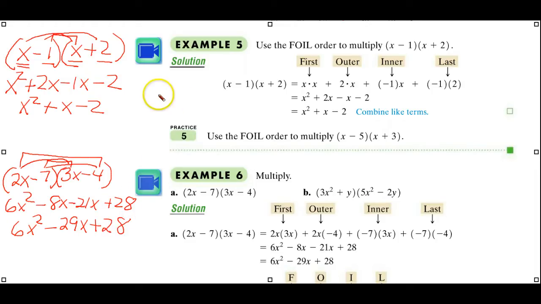Now keep in mind, we're going this way to get a trinomial that later in the chapter we're going to factor into its binomial factors. Now this one would be sort of easy.